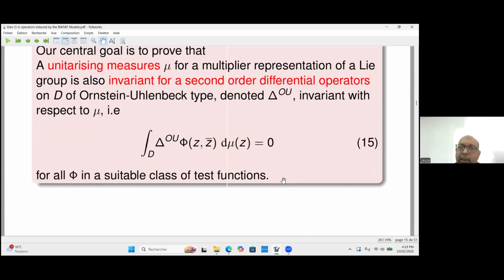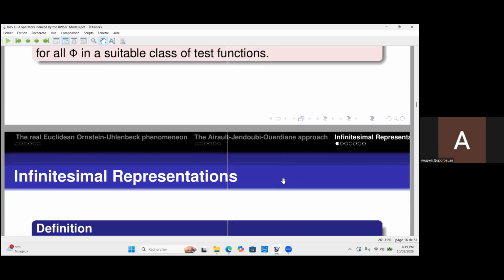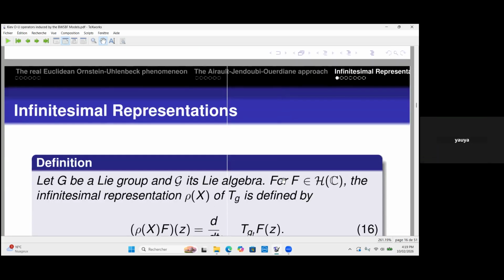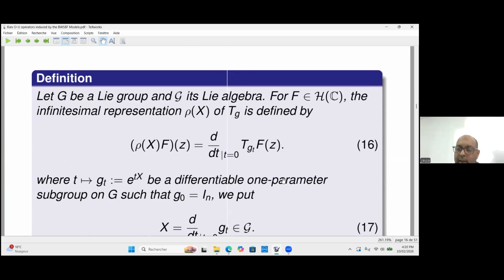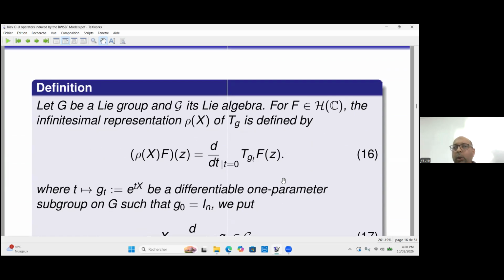And if we use the so-called infinitesimal representation, or derived representation, associated to a Lie group representation, here we shall consider the Lie algebra associated to our group.